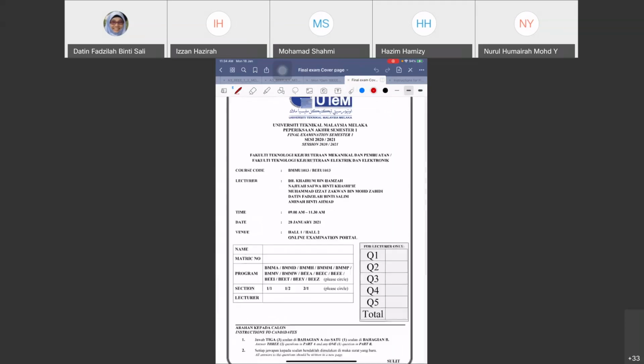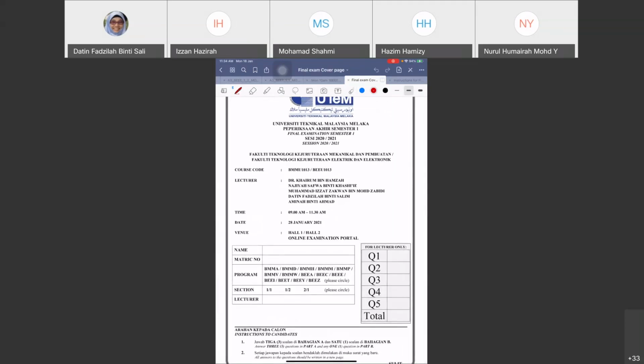For this cover page, make sure you write down your name here, and your metric number. Make sure you circle which program you are, BEEEE. And if you are section 1 or 2, circle that as well.